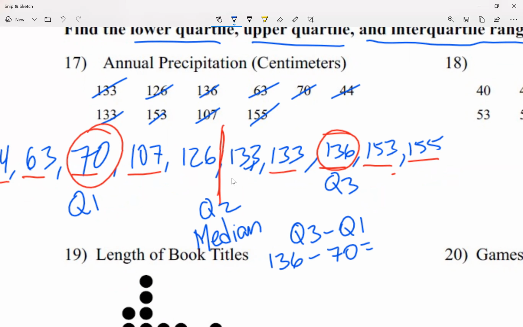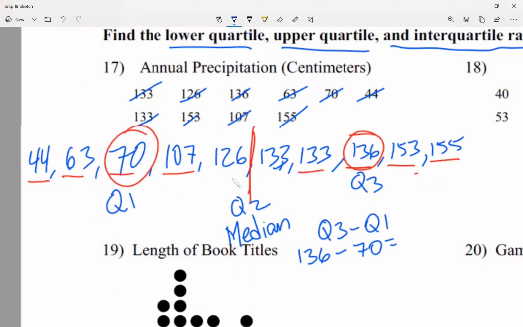I'm not quite done with this question yet. All I did was find the center. I drew a line right in the center, right in between two numbers. Then my line separated a left side and a right side. I find the number in the middle on the left side, which is quarter 1. I find the number in the middle of my right side, which is quarter 3.